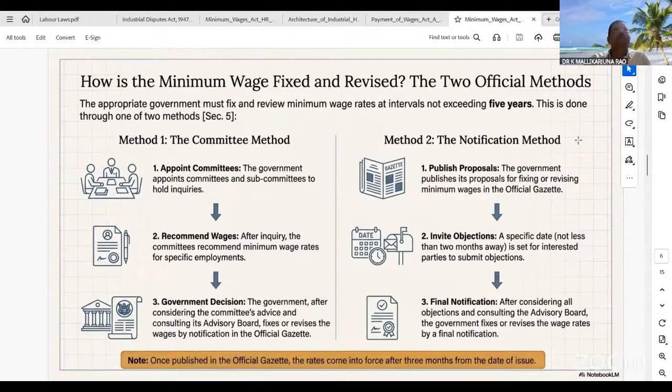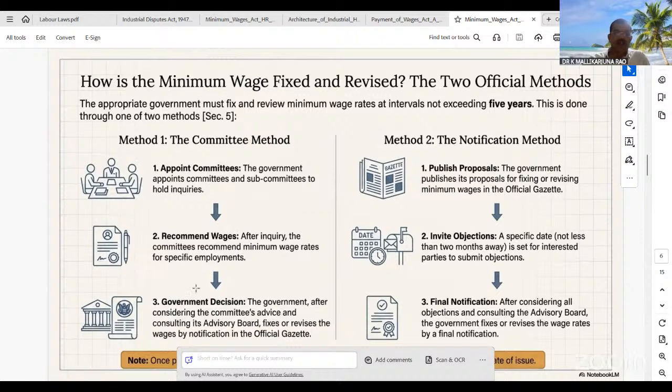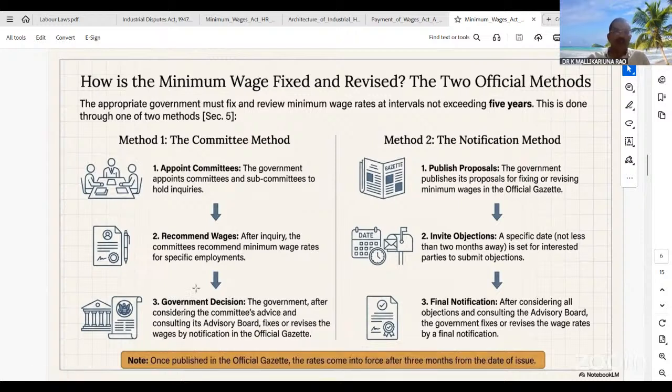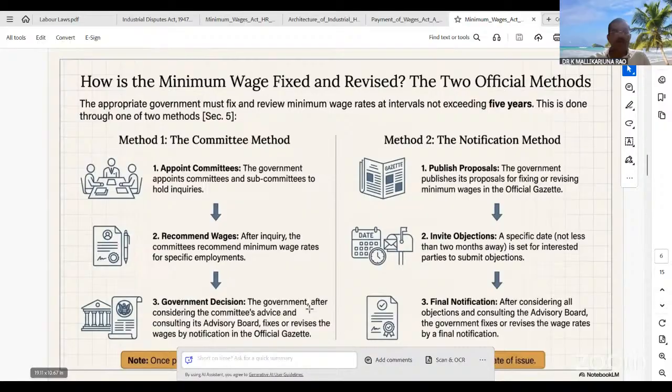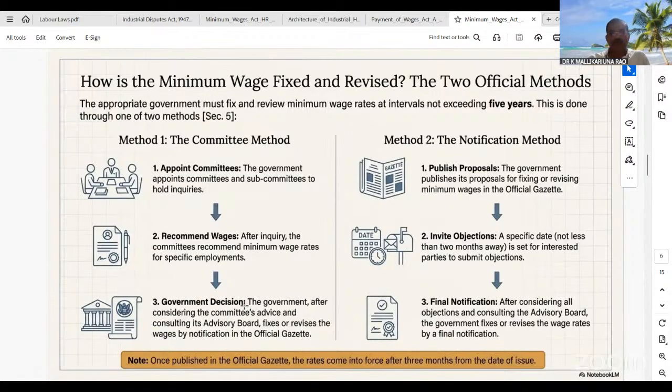They will study the economic conditions, inflation rate, and previous committee recommendations. Then they will ask for the opinion of the employees who are working there about their concerns. Then they submit a report to the government. The government takes a decision on what kind of fixing, and then publishes it in the official gazette. This is one method.